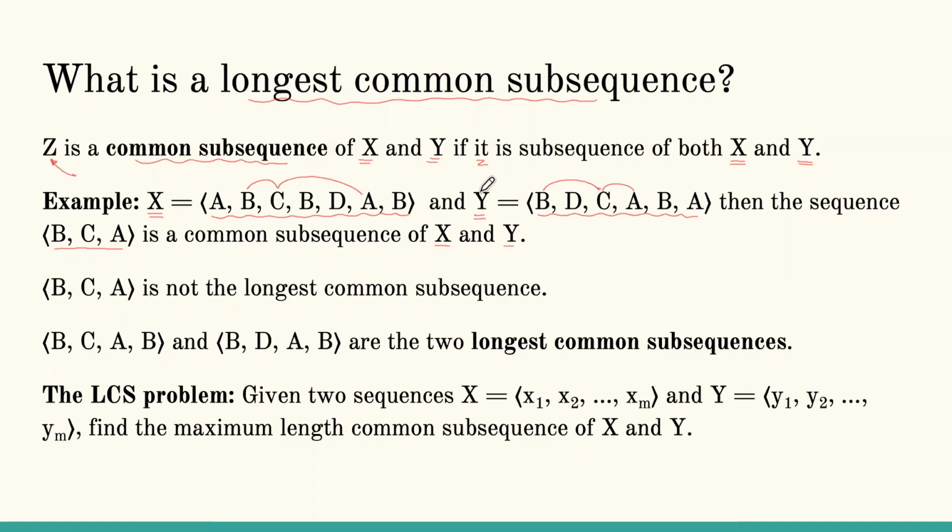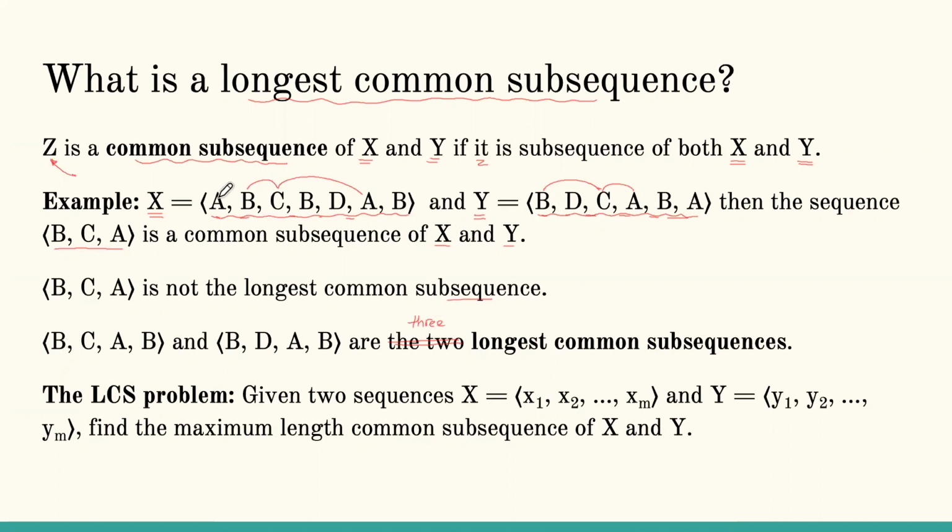Now, if you observe carefully, you will see that BCA is not the longest common subsequence. It is one of the common subsequences, but not the longest one. If we look at these two sequences and try to find the longest common subsequence, we will see that there are actually not two, but three longest common subsequences.